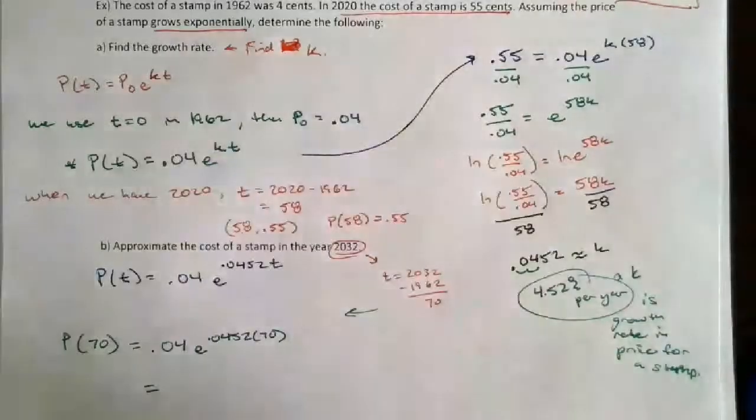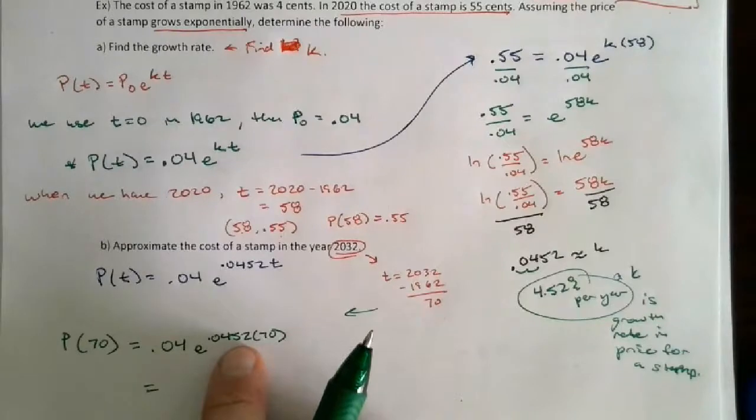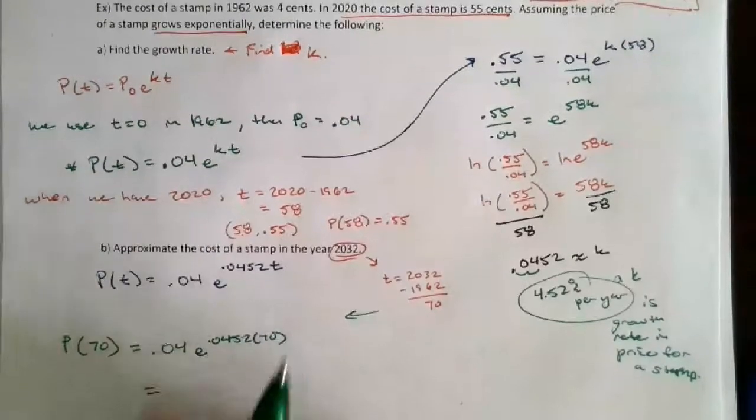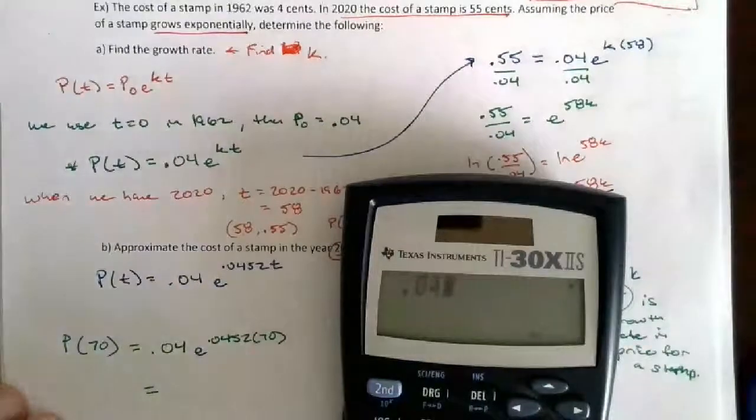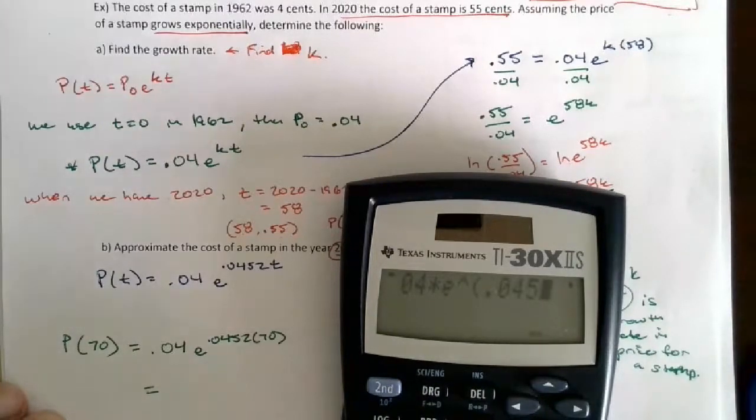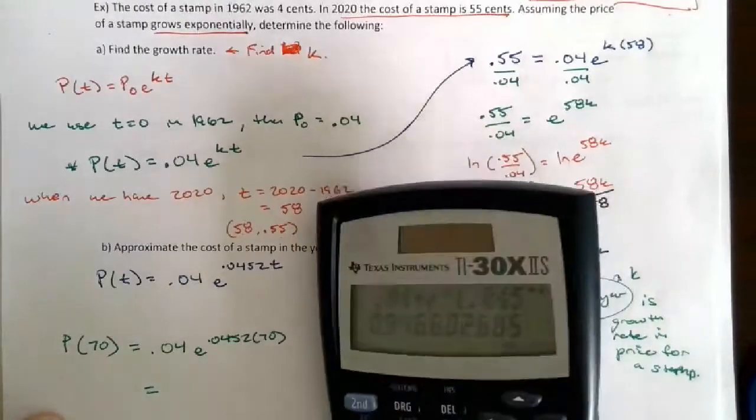If your calculator does not display it on the screen, remember, multiply the exponent first, then take the exponential, then multiply by 0.04. If your calculator does show it on the screen, you could multiply it right out: 0.04 times e to the 0.0452 times 70 power. Make sure that you have parentheses around that whole exponent on e, because it needs to all be raised to that power.